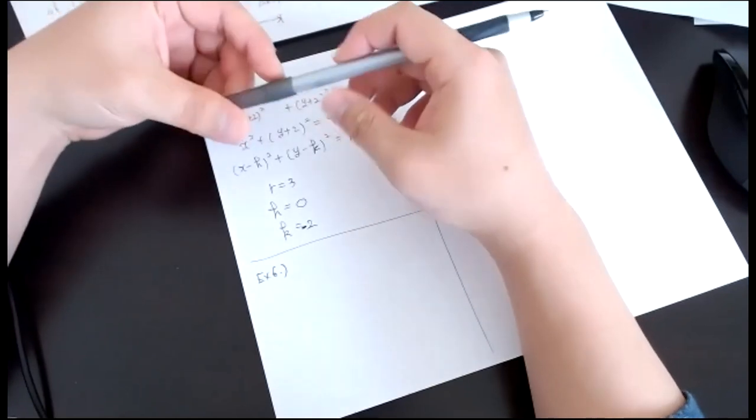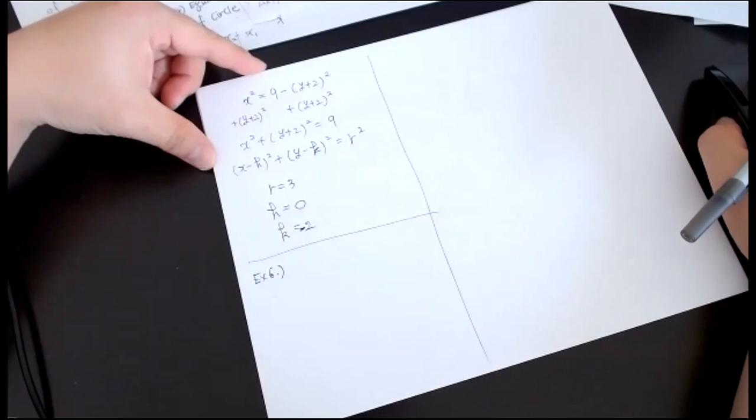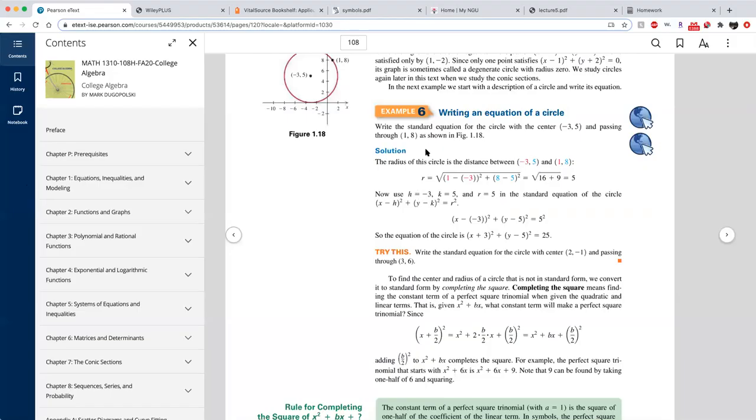Okay, so let's see. In the textbook, example 6: write the standard equation for the circle with center negative 3, 5 passing through 1, 8.